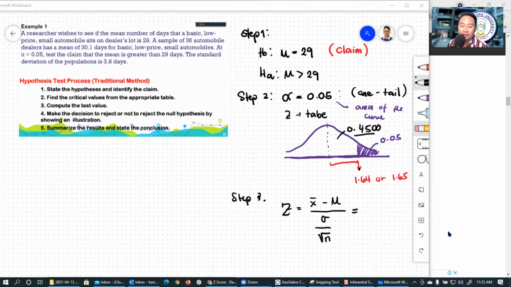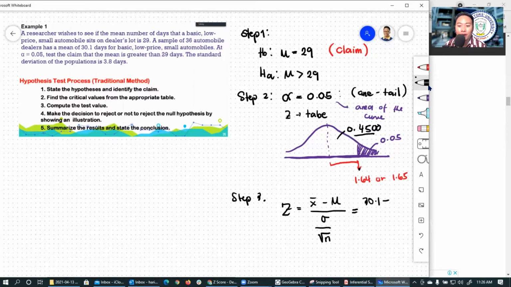Sample mean is 30.1, very good, Alexis and Simon and Zinel.